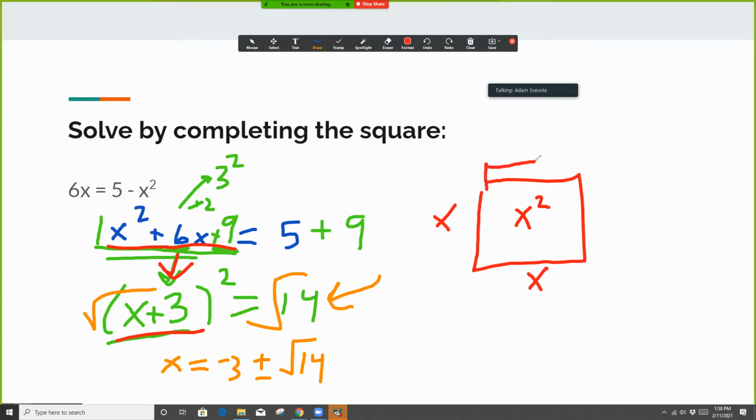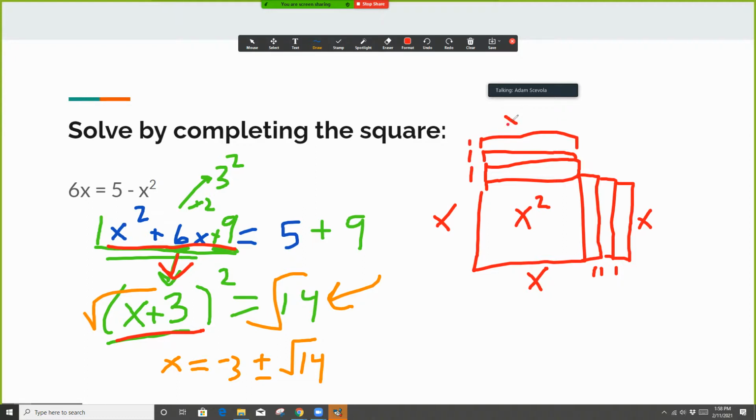If we put 3 1-by-x rectangles here, and then 3 of them here, so that big square is x times x, so the area is x squared. These are all rectangles that are 1 by x, so they each have an area of x, because length times width, 1 times x.